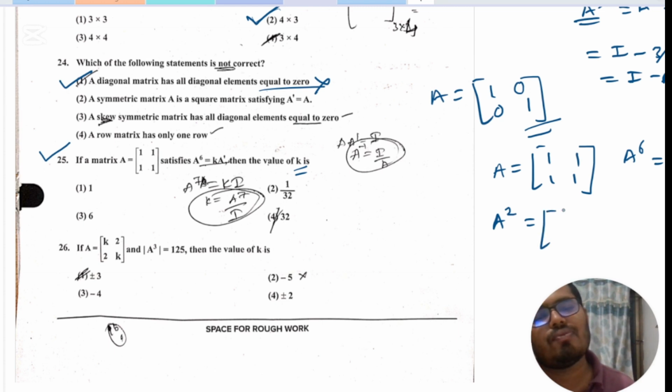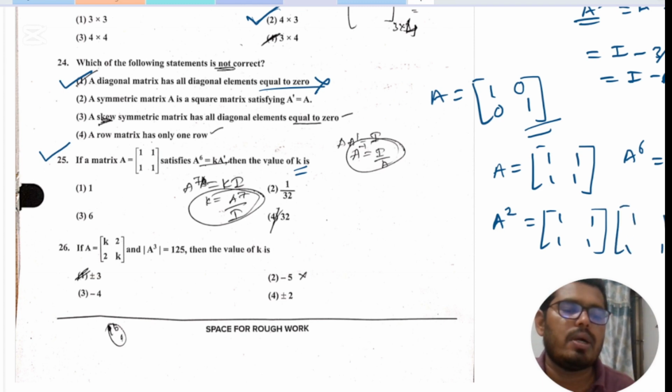You square it, then first row, first column, 1 1 1 1 times 1 1 1 1. Multiply these two matrices, we get the matrix 2 2 2 2. Next you multiply A cube equals A into A square. A is 1 1 1 1, and A square is 2 2 2 2. Then the new matrix is 4 4 4 4.